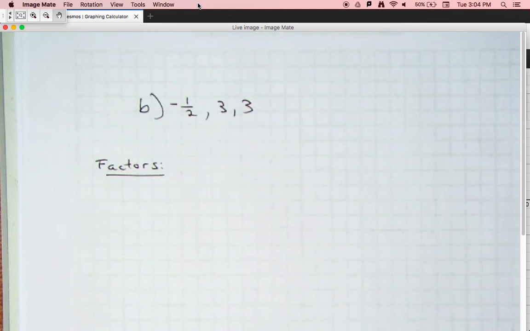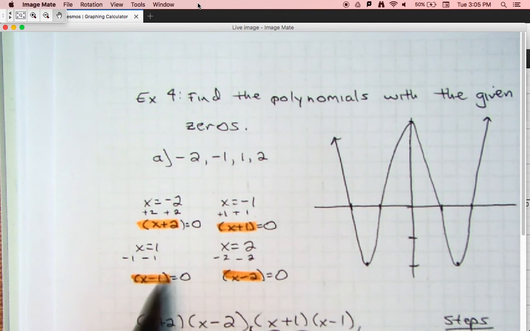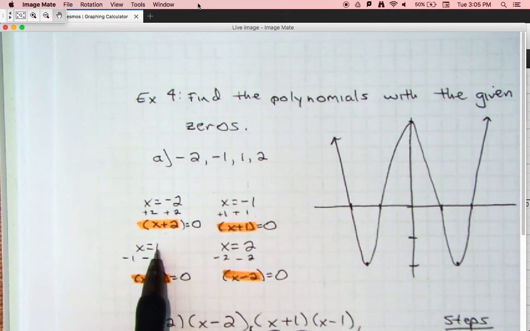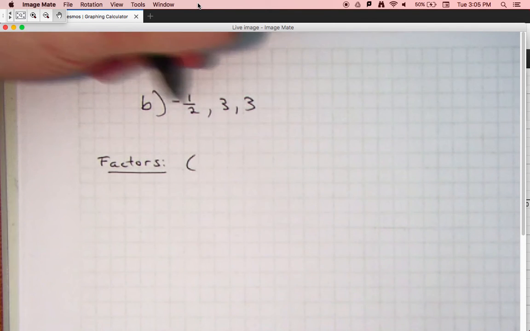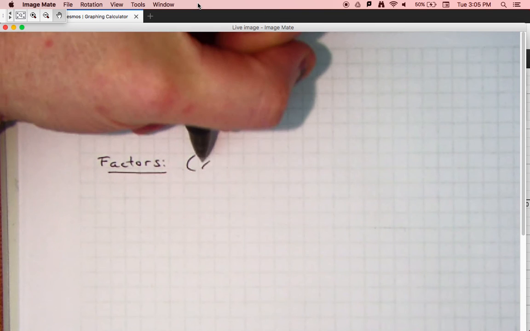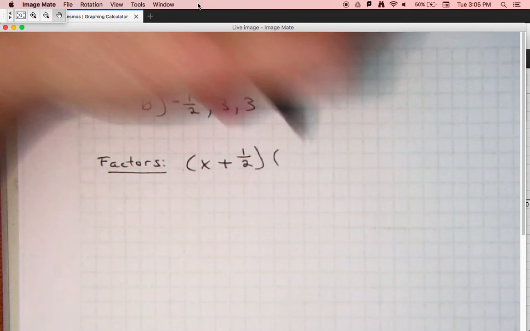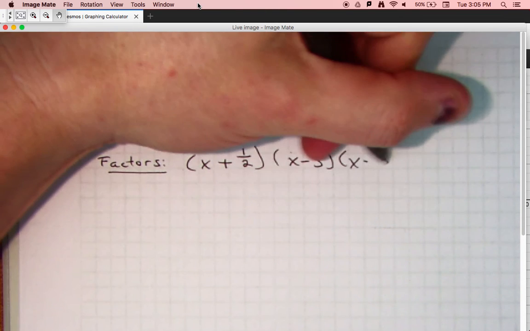If you think about what we did on the previous problem, we had x equals -2, the factor is x plus 2. So to rewrite the factors, a quick shortcut, since that is a -1/2, my factor is going to be x plus 1/2, and then x minus 3, x minus 3.